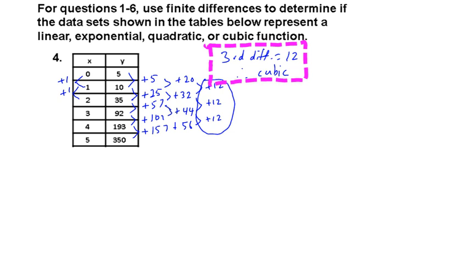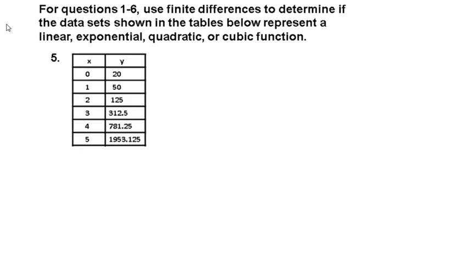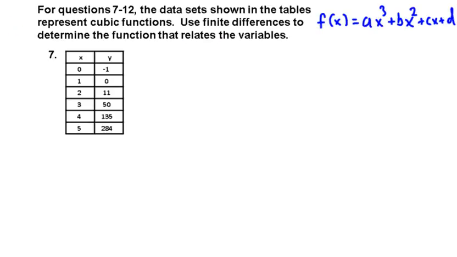The next step I'm going to look at here is numbers 7 through 12. For questions 7 through 12, the data sets shown in the tables represent cubic functions. Use finite differences to determine the function that relates the variables. At the upper right, I wrote f of x equals ax cubed plus bx squared plus cx plus d.